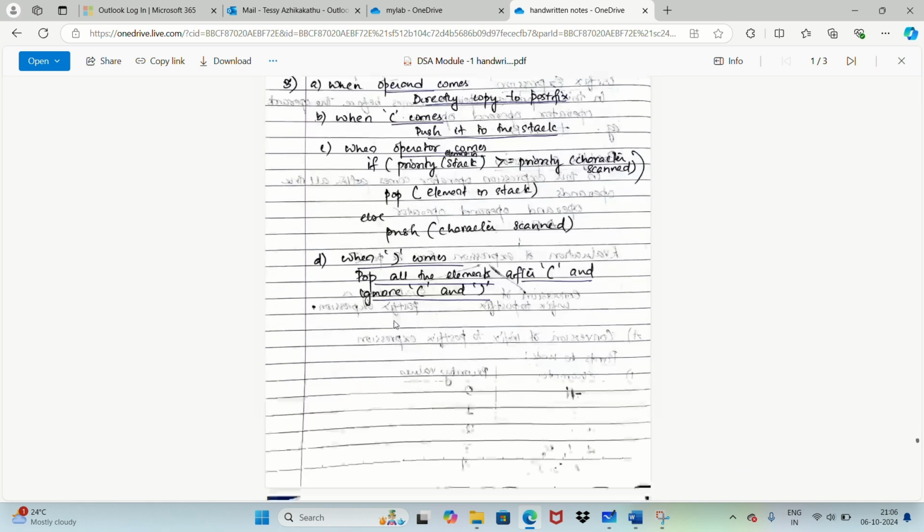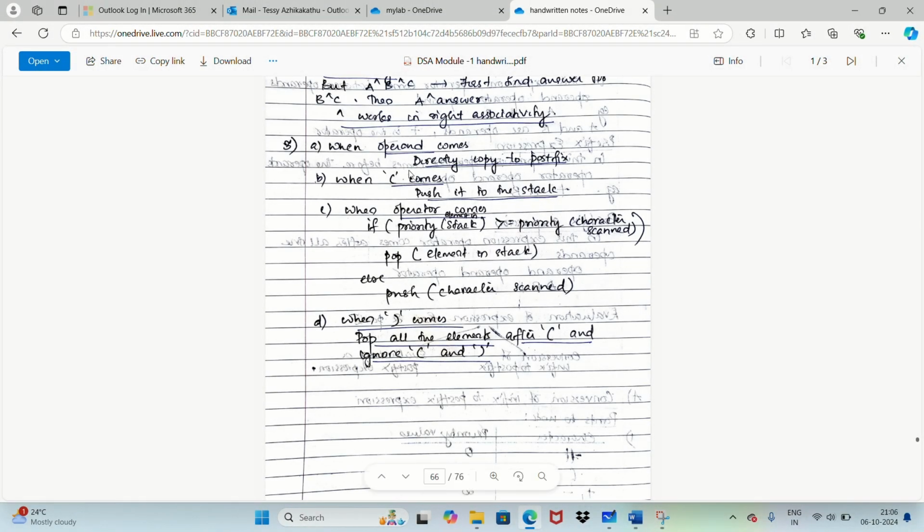The next thing to understand when converting from infix to postfix is that when an operand comes, you directly put it in the postfix. When you have an opening bracket, you directly push it into the stack. The third thing is when an operator comes. We check whether the priority of what is in the stack is greater than or equal to the priority of the character scanned.